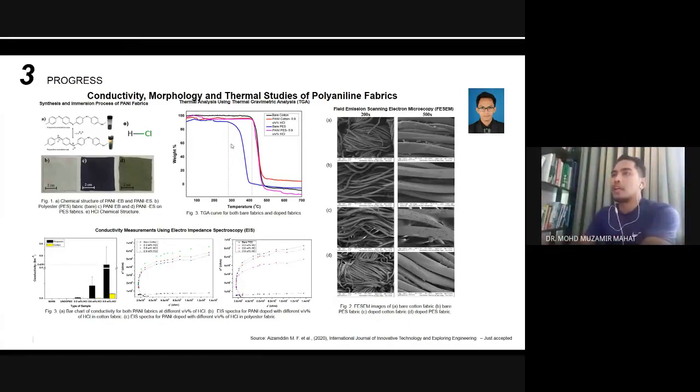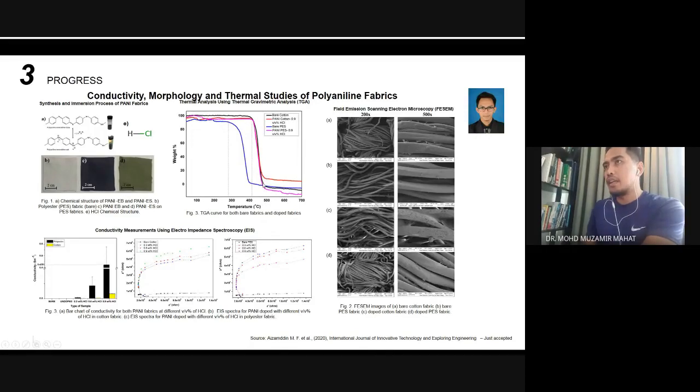Okay, if you want to see the changes of the type of the polymer, we see that the black line is bare cotton. So the decomposition takes place after this temperature.